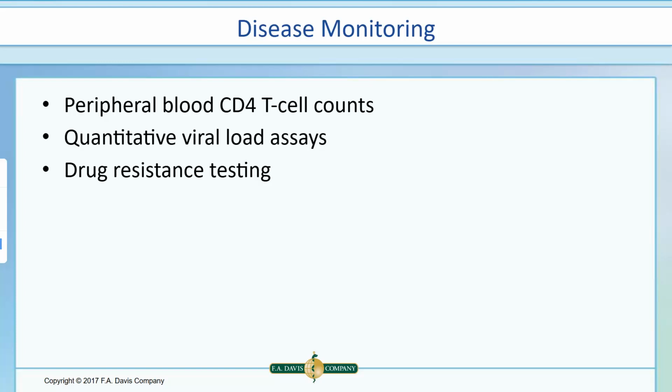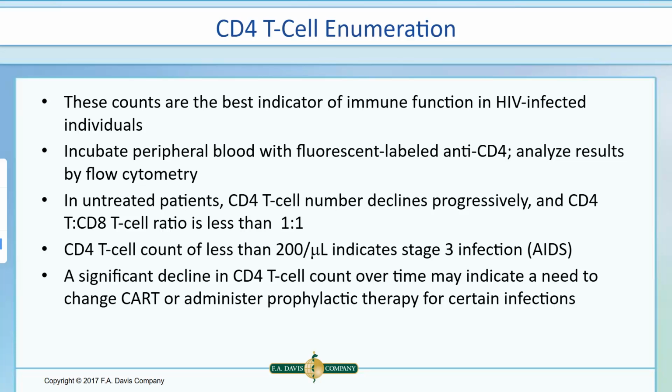Disease monitoring is done by peripheral blood CD4 T cell counts, through flow cytometry, quantitative viral load assays, and drug resistance testing. CD4 T cell enumeration: these counts are the best indicator of immune function in HIV-infected individuals. Incubate peripheral blood with fluorescent labeled anti-CD4 and analyze results by flow cytometry.